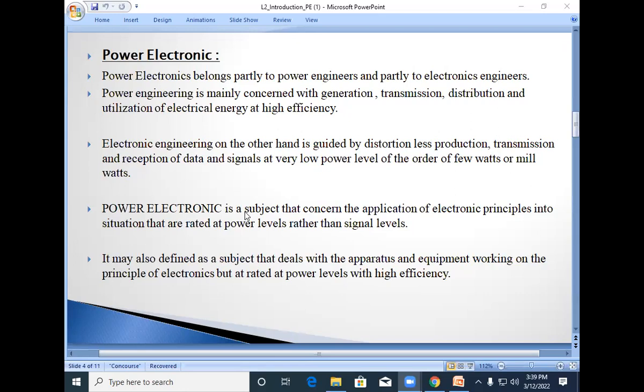Write these 4 sentences. Power electronics belongs partly to power engineers and partly to electronic engineers.